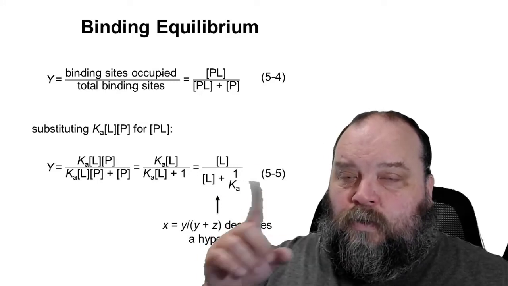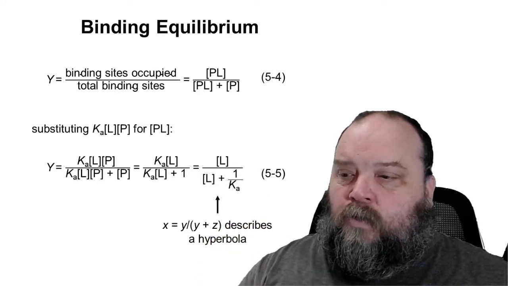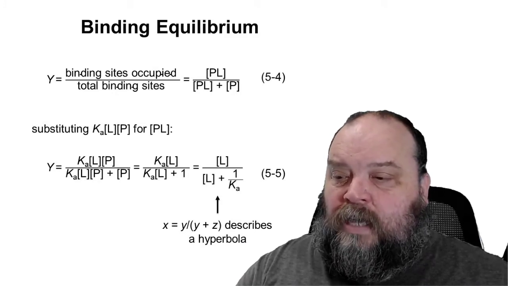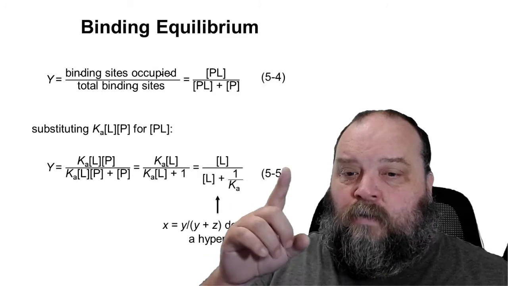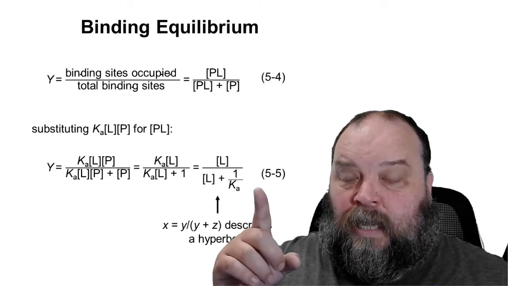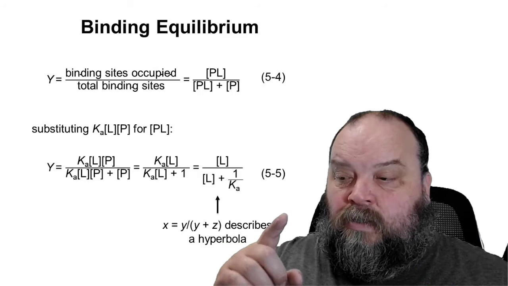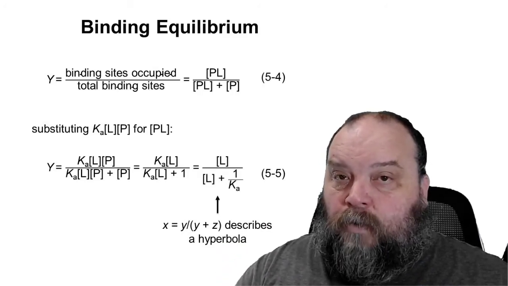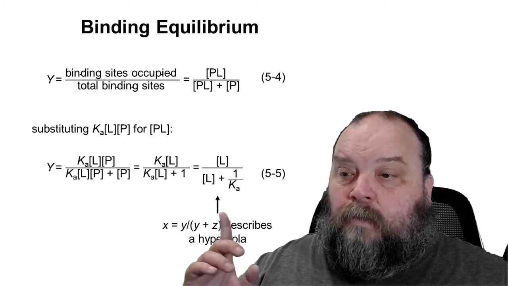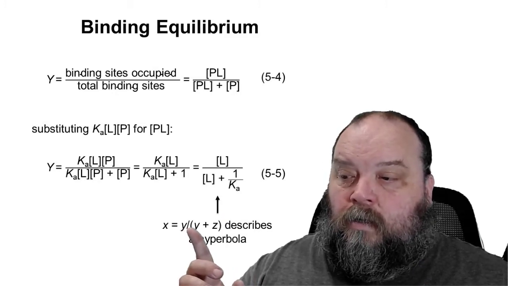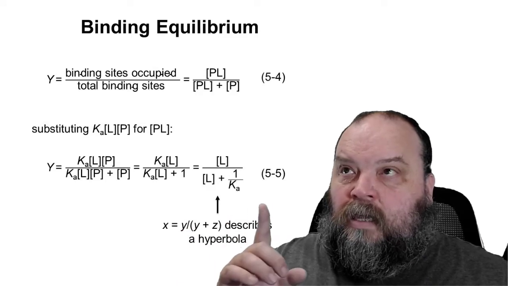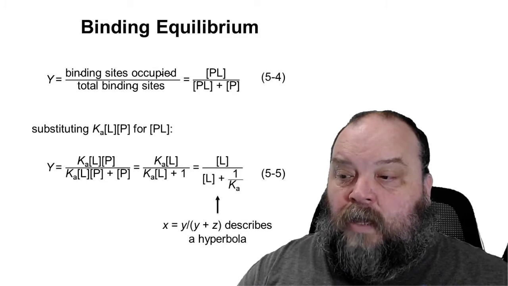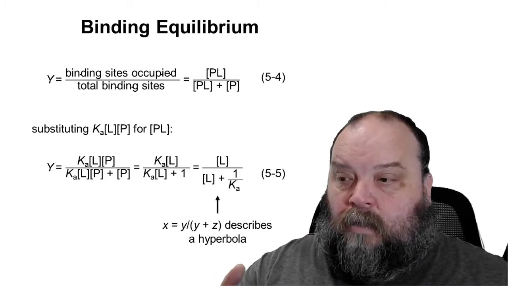You go through and do some algebraic wizardry, as you see there in equation 5.5, and you see Y is equal to the concentration of L, the ligand, divided by ligand plus 1 over Ka. Remember, Ka from the previous is the equivalent of the concentration of PL, so it's a simplified way of saying PL.